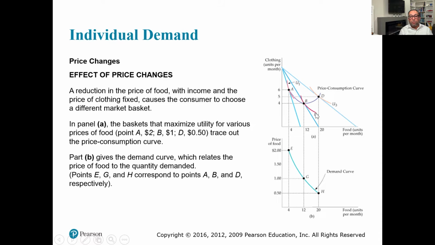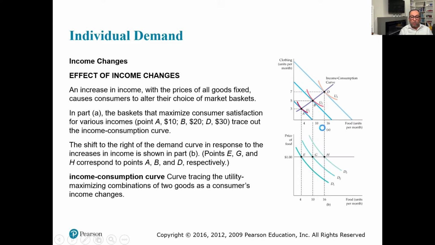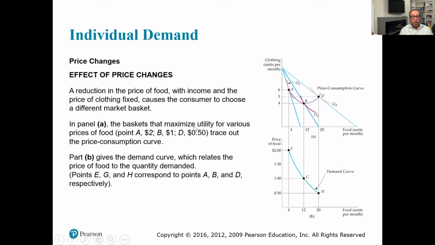Then when the price further goes down, the consumption reaches around 20. This is when the price is decreased from $2 to $1 and then 50 cents. So the price is decreasing, and the utility maximization bundle is changing, and in this change the consumer is buying more and more of the good whose price is decreasing.